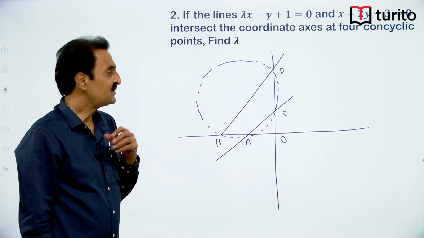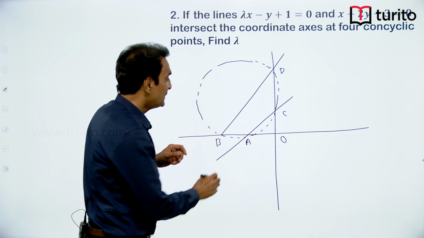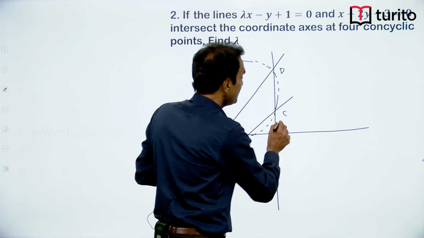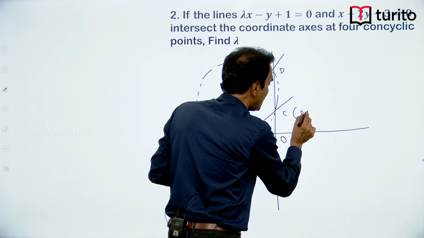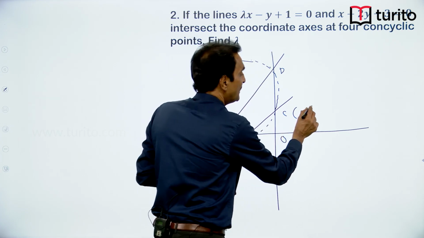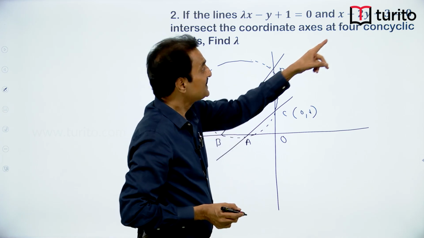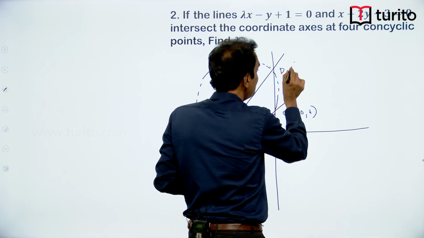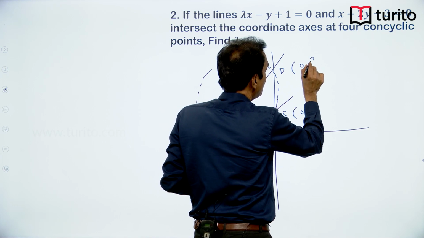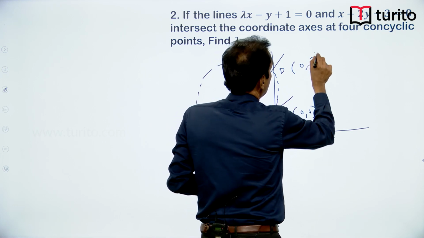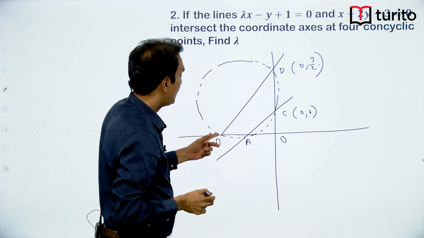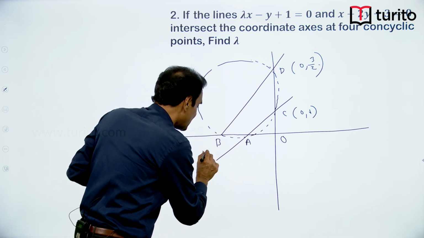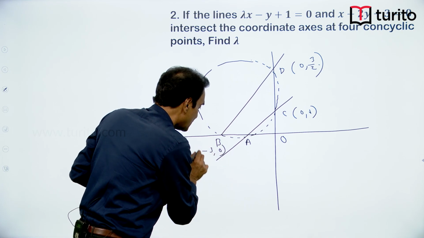Usually many students solve this question like this. The y-intercept of the first line is 1, so this point is (0, 1). The y-intercept of the second line is 3/2, so this point is (0, 3/2). The x-intercept of the second line is −3, so this is (−3, 0).